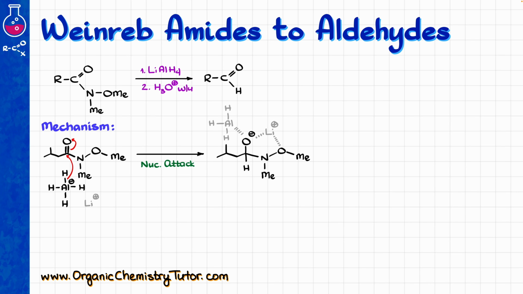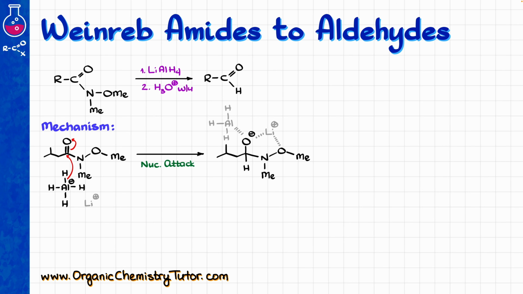And because of this double coordination and stabilization with lithium, the Weinreb amide intermediate that we have over here is very unlikely to decompose or kick the leaving group out unless we are going to increase the temperature or go into the acidic workup. These intermediates are fairly stable, and they can actually be even isolated.